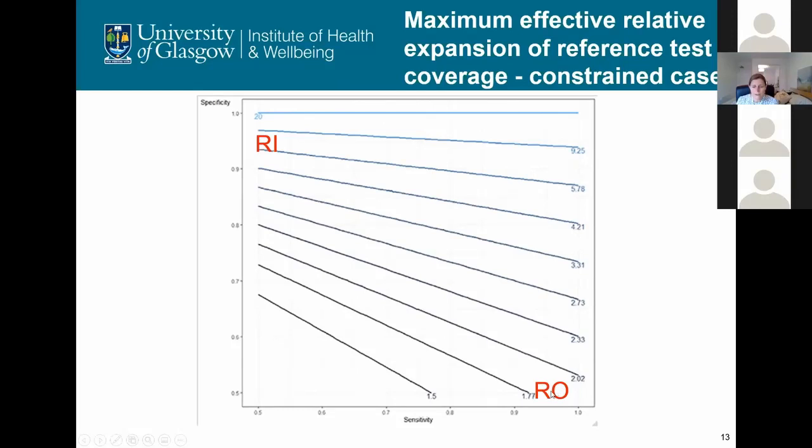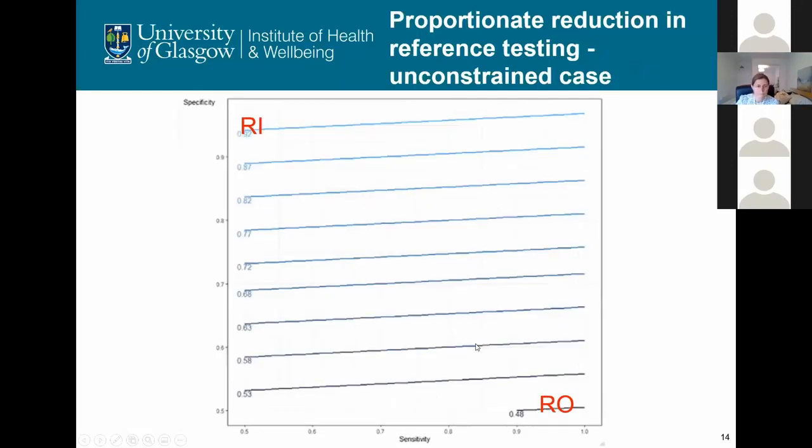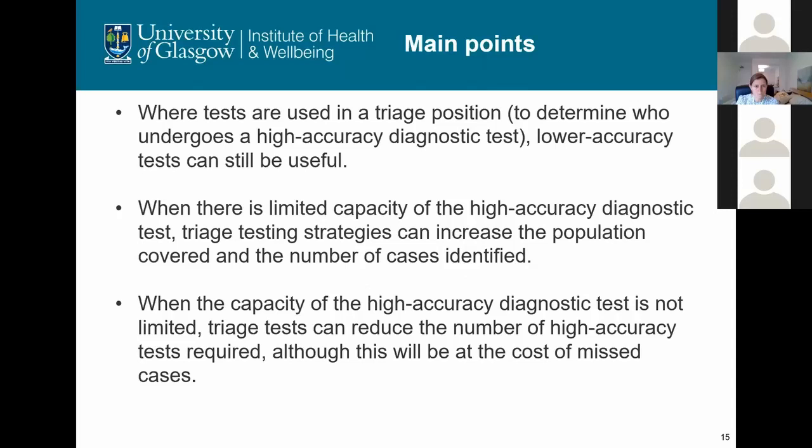Even with high sensitivity, you're not getting a huge expansion. And then this is in the unconstrained case, what proportionate reduction you're getting in reference testing. And again, you can see that the rule-in test with high specificity is delivering a greater reduction in reference testing. But of course, that would be balanced with your missed cases in an unconstrained case.